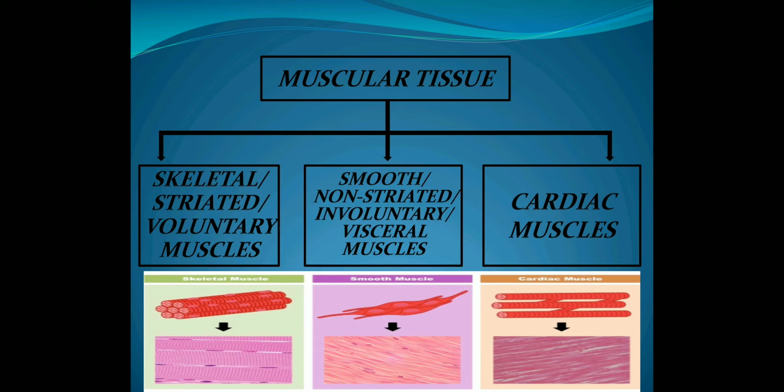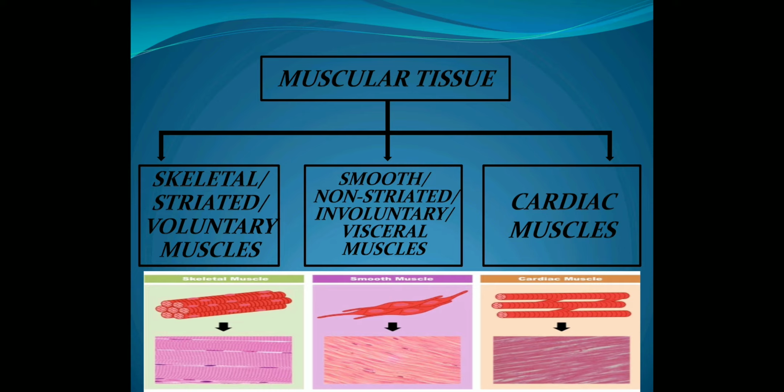Then the second one is smooth muscles. They are also called non-striated muscles or involuntary muscles, or you can say visceral muscles. Now, if I say non-striated, that means striations are absent, that is no dark or light bands are visible. Then they are called involuntary because they help in performing involuntary activities.